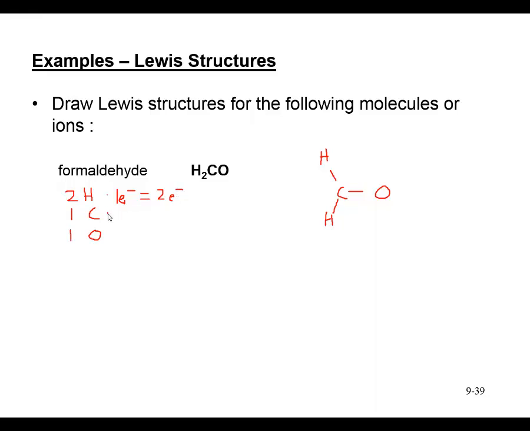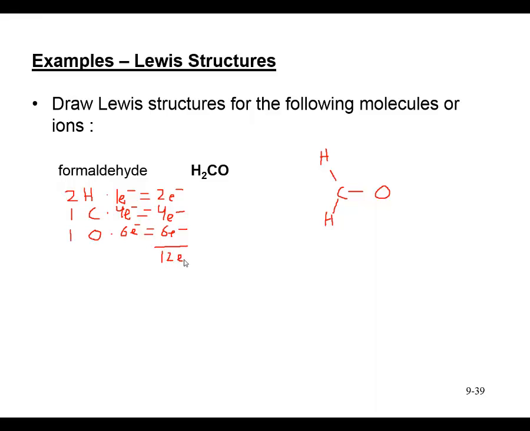And since I have a carbon, there's 4 valence electrons for carbon, and there's only 1 carbon, so there's 4 valence electrons from the carbon. And then oxygen has 6 valence electrons. Since there's only 1 oxygen, I have 6 from that one. Okay, so I have 12 valence electrons to build my structure out of.